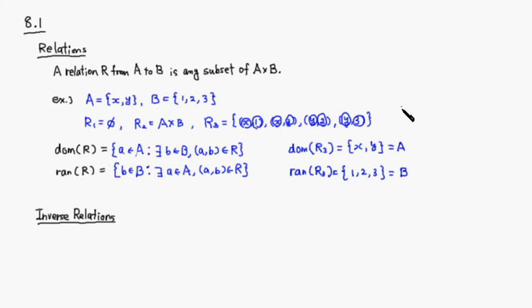So for example, if you look at relation 4, it could be simply X is related to 1 and X is related to 3, right?